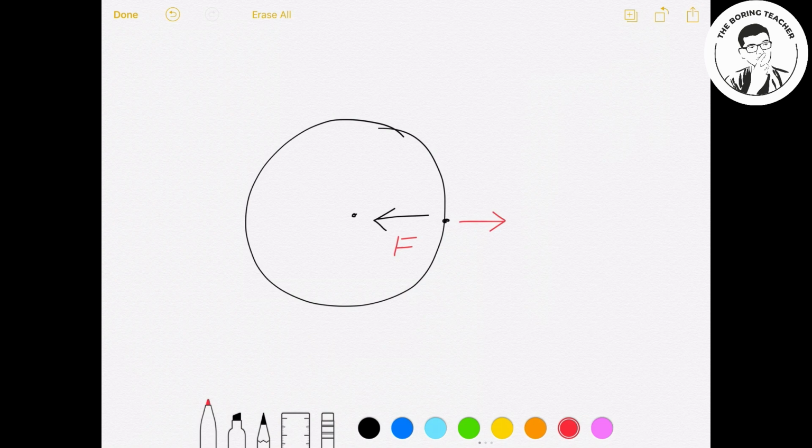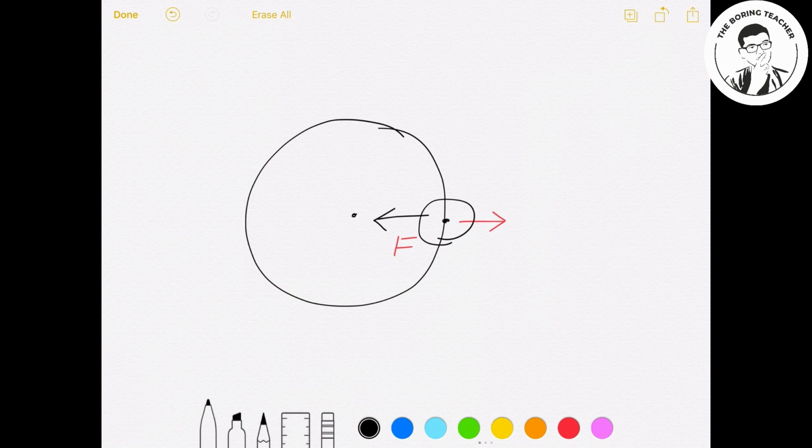Now keep this in mind, that the centrifugal force is not the force of reaction, because action and reaction are not acting on the same object. They are always acting on two different objects, remember? So these forces are acting on a single object, that is why this is not a case of action and reaction forces.